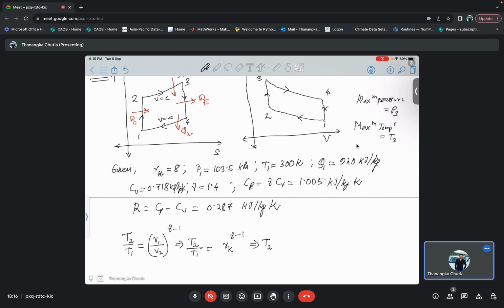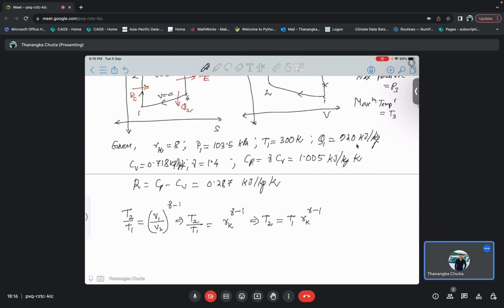So T2 will be equal to T1 into Rk to the power gamma minus 1. T1 is 300, Rk is 8, and gamma minus 1 is 0.4. So you will get T2 equal to 689.22 Kelvin.